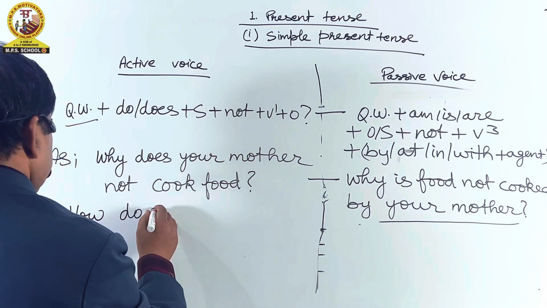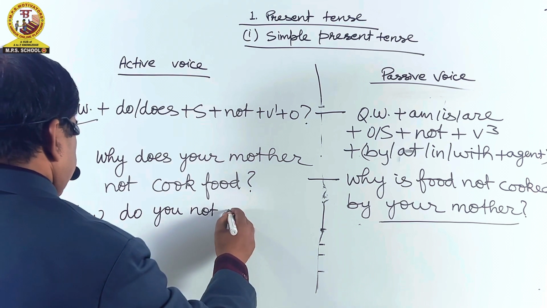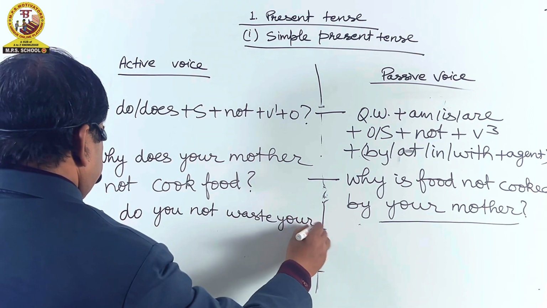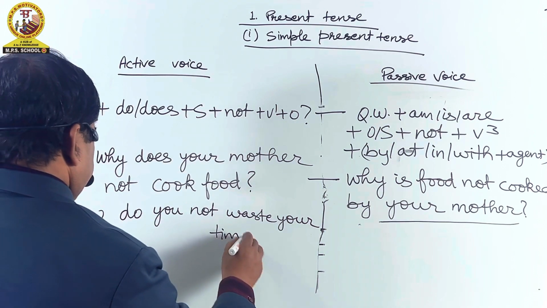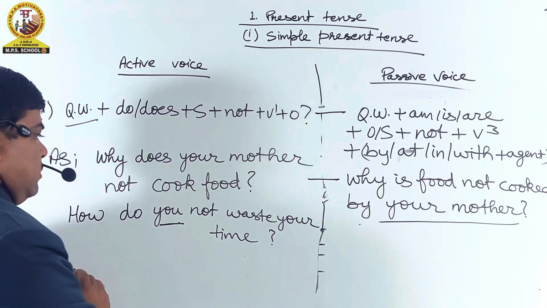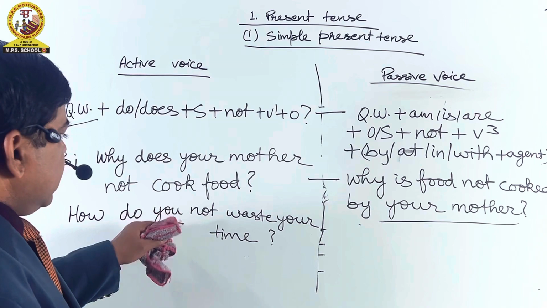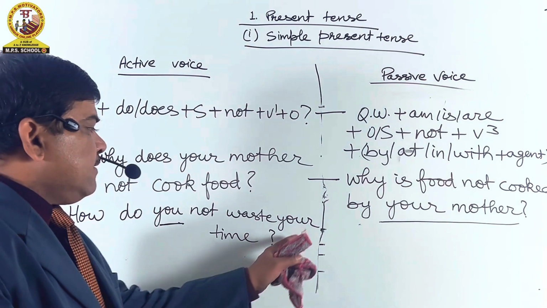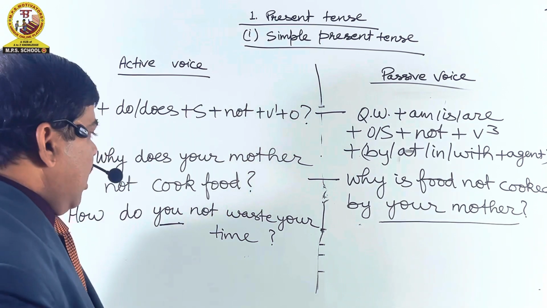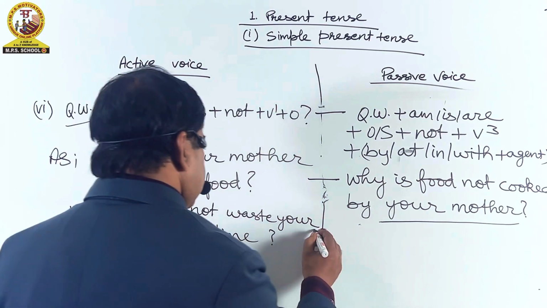How do you not waste your time? When this type of sentence contains the subject and the possessive adjective of the subject both in the sentence, see how we shall change it into passive voice.